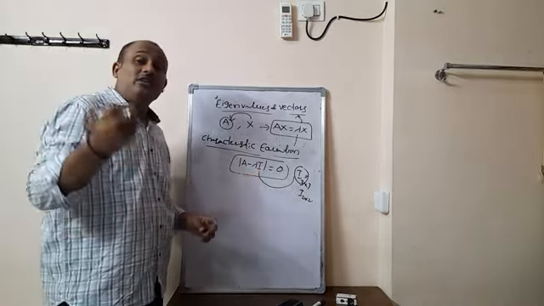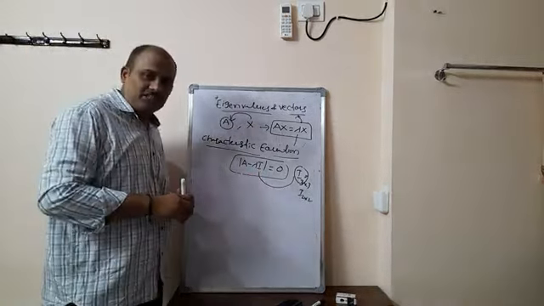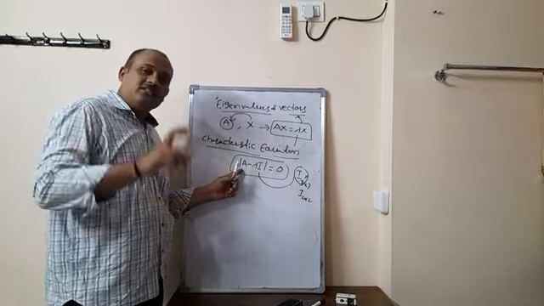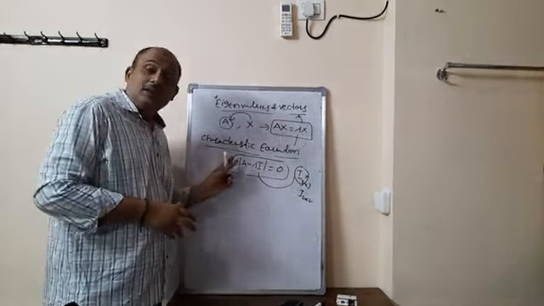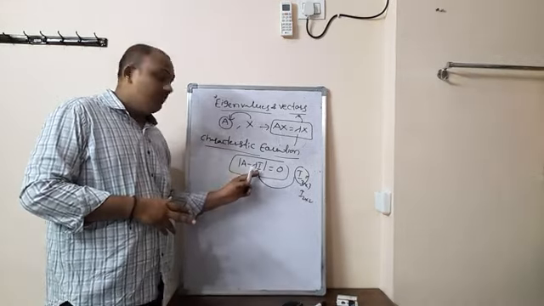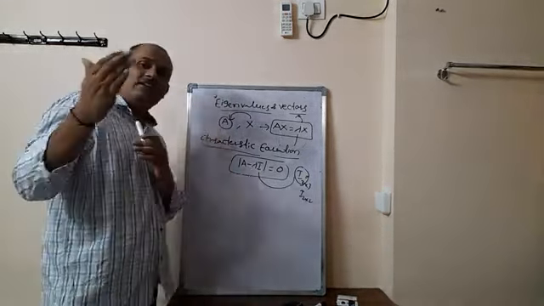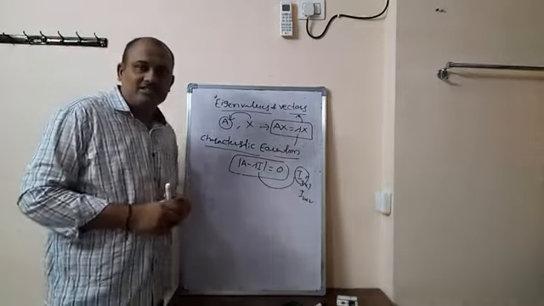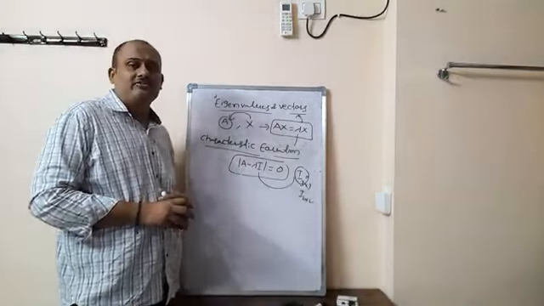I is a unit matrix of the order of A. Suppose A is a 2 by 2 matrix, then I is also 2 by 2. Suppose A is a 3 by 3 matrix, then I is a 3 by 3 matrix. The order of I is always equal to the order of A. That is the definition of the characteristic equation.